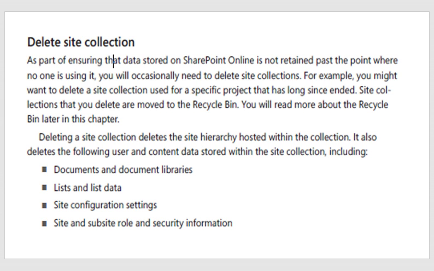On the next slide: deleting a site collection deletes the site hierarchy hosted within the site collection, and it also deletes a whole bunch of stuff regarding the site, including the documents and document libraries, lists and list data, site configuration settings, site and sub-site role and security information, and a whole bunch of other properties.